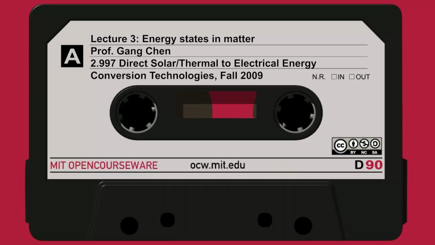And then we did a simple analysis of a device. We have a real device, we pass current through it. There is the thermoelectric effect, but there are also undesirable side effects. One, there's Joule heating, and two, there is reverse heat flow by conduction, and this degrades the device performance.